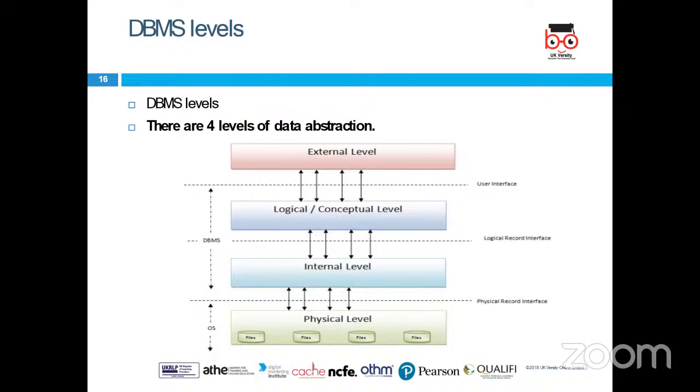Looking into the physical level, this is our operating system, where we have all the physical components, and the layers above, internal and logical, are where all our database management is going to happen. And we'll conclude with external, which is simply our user interface and our end user level.